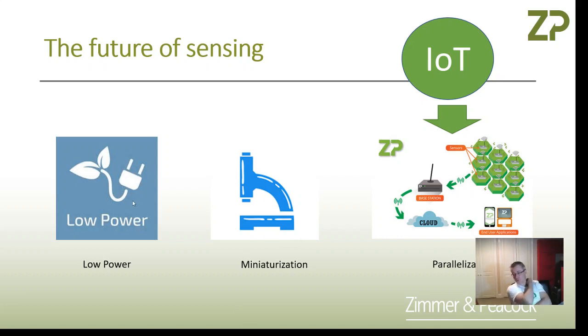And I put in here parallelization of biosensing. And that really means, well, the Internet of Things. It's a subset of the Internet of Things. The Internet of Things means putting sensors or connecting objects to the Internet. So I'm very interested in putting biosensors into objects and sensing and transmitting that data off to the internet.